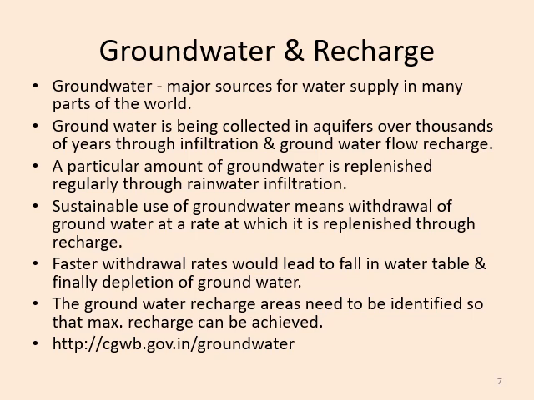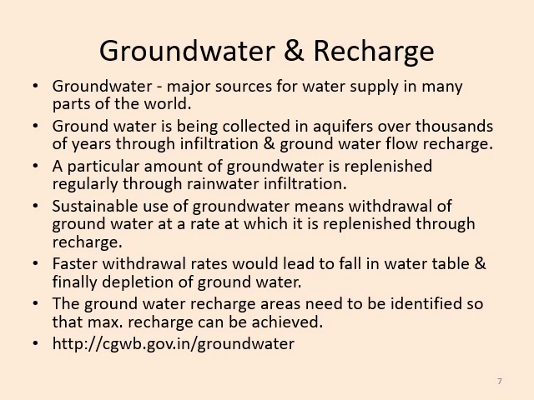Now we are coming to the option for recharging the groundwater with the help of the rainwater harvesting method. Groundwater is a major source for water supply in many parts of the world where surface water resources are not in abundant quantity.